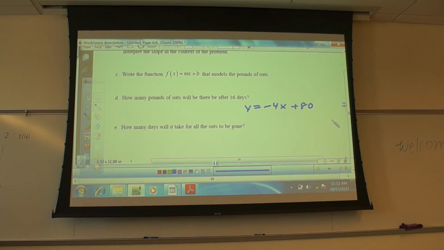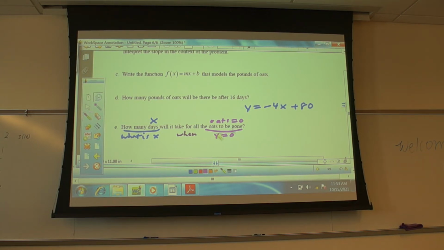What is x when all oats are gone? y equals 0. Oats equals 0. So put 0 in for y and solve for x.